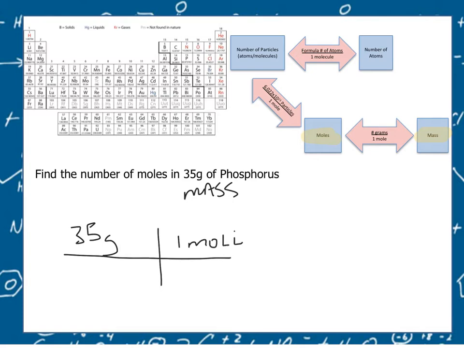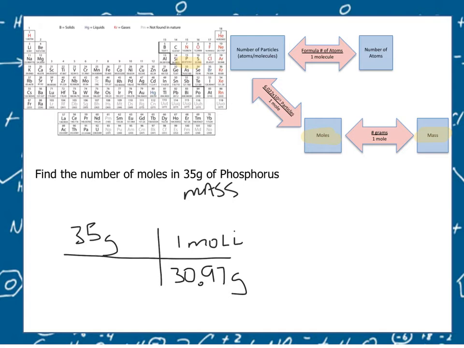And then I go to the periodic table, and this asks me for phosphorus, and I need to get the atomic mass of phosphorus. So keeping to 2 decimal places, I'm going to round that to 30.97. And that is my number of grams in a mole.